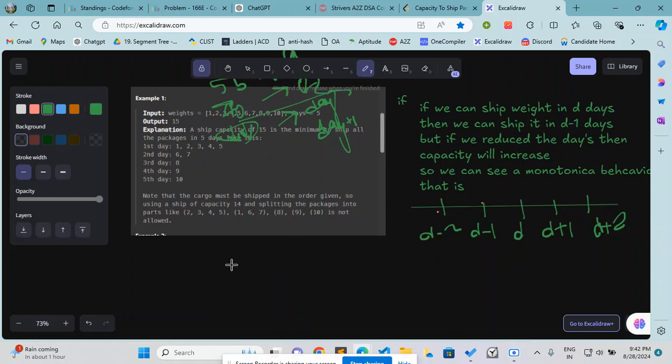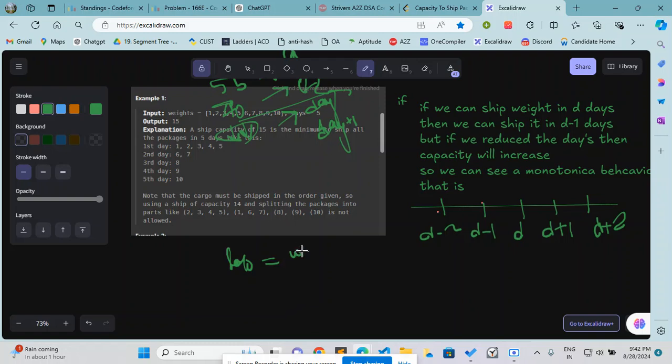For binary search, we have to choose our low and high. What low can we choose? That means what is the minimum weight we can keep in one day, that is the maximum of the given weights.